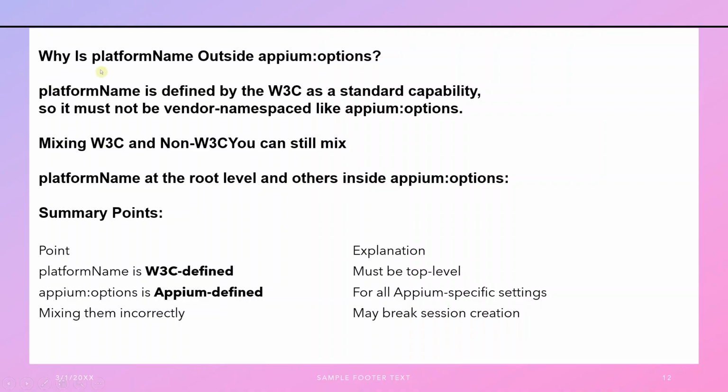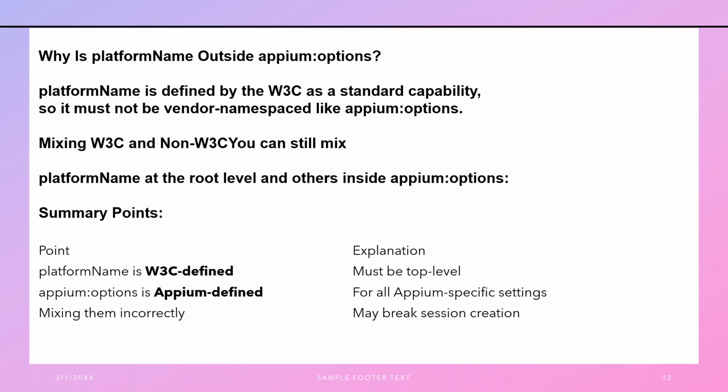The platform name is outside the appium options because it is defined by the W3C as a standard capability, so it must not be in the vendor space like appium options. So remember always that the platform name will not come under the appium options.